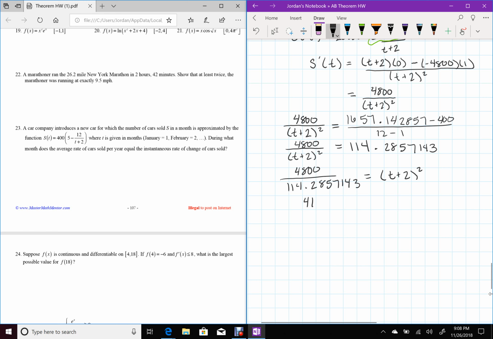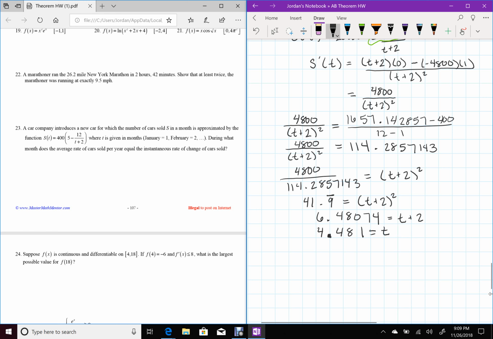But 41.9 repeating will equal t plus 2 squared. Take the square root, and we get 6.48074 will equal t plus 2. Subtract 2 from both sides, 4.481. Now I'm rounding to 3 decimal places because AP requires at least 3. That's t.